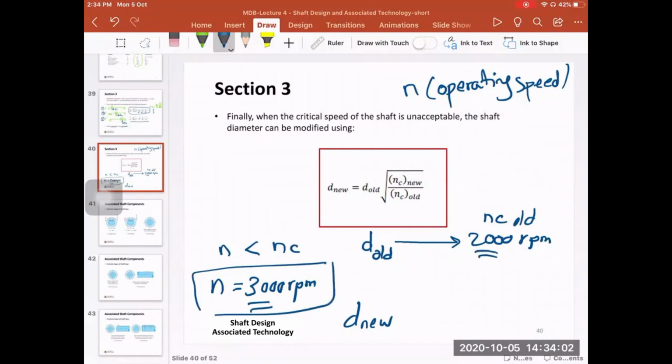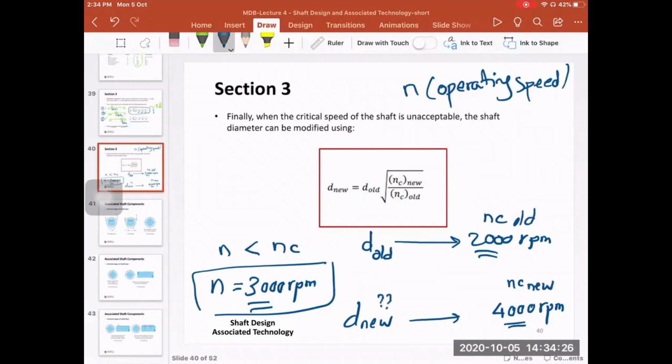So what we have here, we can say, okay, I want the N critical to be higher than 3000. I can assume that, okay, what if I have the N critical as 4000? So I assume that this 4000 is higher than my operating speed. So in this case, I have the N critical new. But I don't have this diameter here.